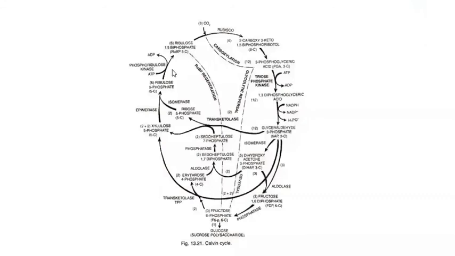So this is the compound with which the reaction started, and that compound is again formed, and that's why the cycle is completed. So the regeneration of ribulose 1,5-bisphosphate is completed.